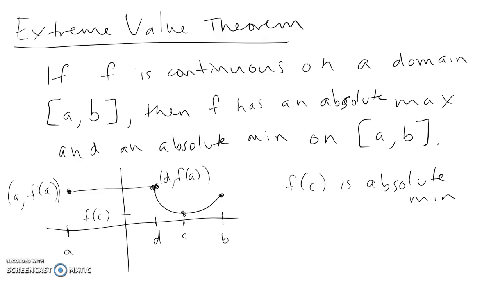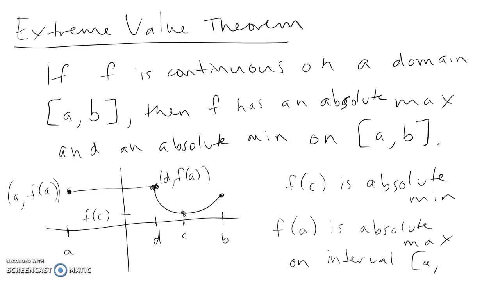F of a seems to be the highest value of the function, and it is. F of a is the absolute max. It happens to be the absolute max on an interval A to D.